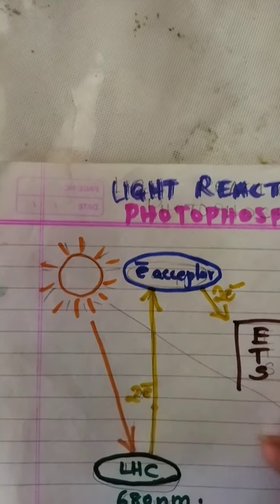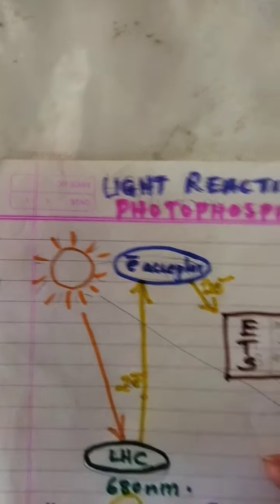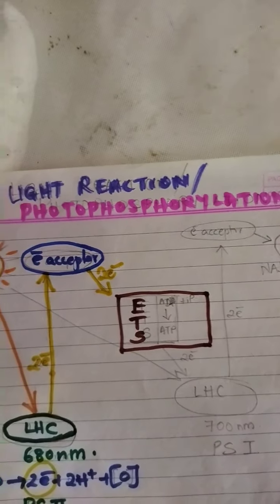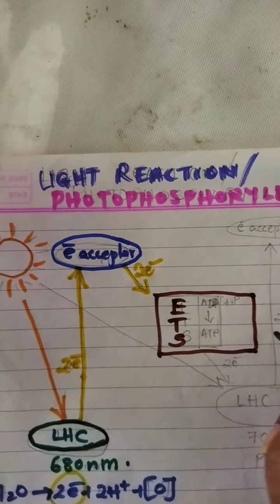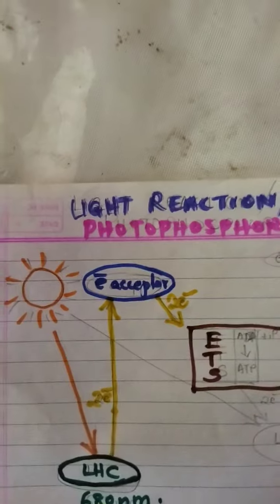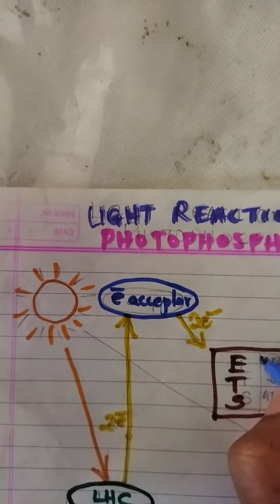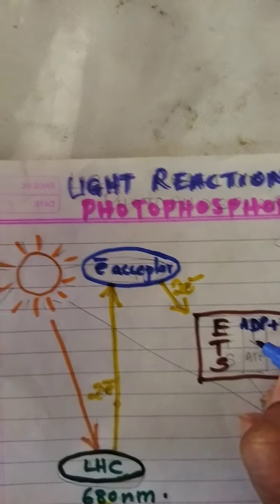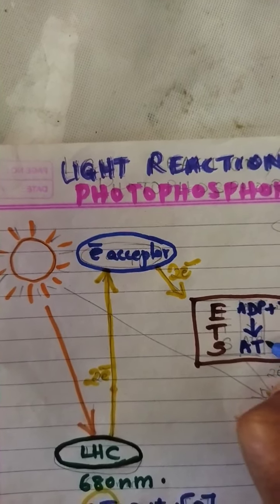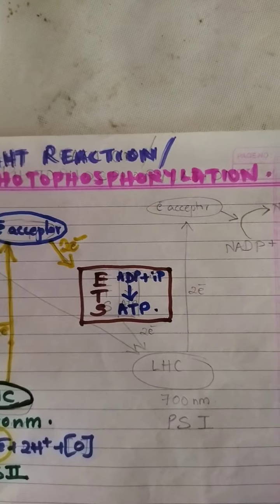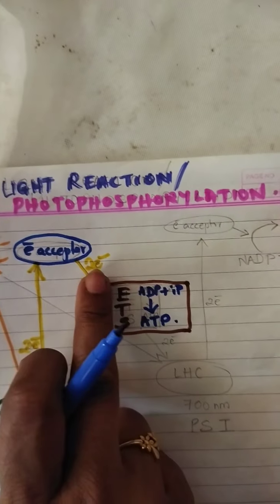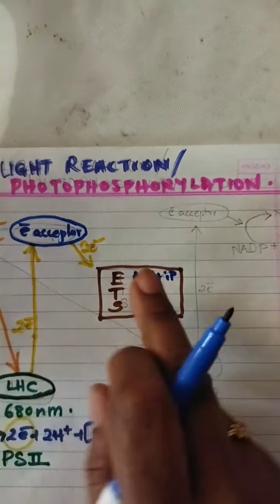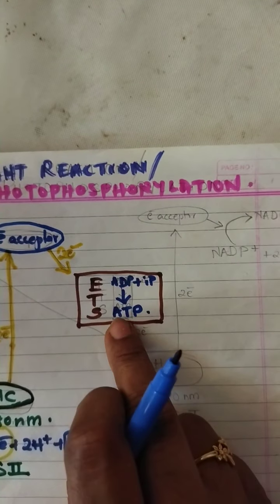Now what happens in this ETS? Here the energy from these two electrons with higher energy or excited state is being utilized to convert ADP to ATP. Okay, so the energy of these two electrons is used to convert ADP to ATP.